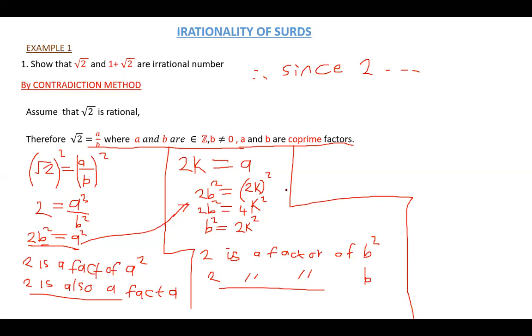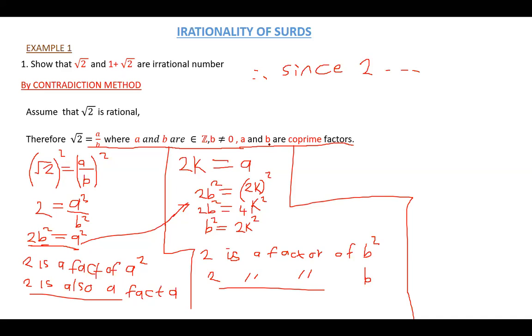And in this case, we have discovered that 2 can go into b, 2 can also go into a. But in the actual sense, for this root of 2 to be a rational number, a and b are supposed to be in their lowest terms, meaning there shouldn't be any number that is supposed to go into a and b, apart from a and b themselves.